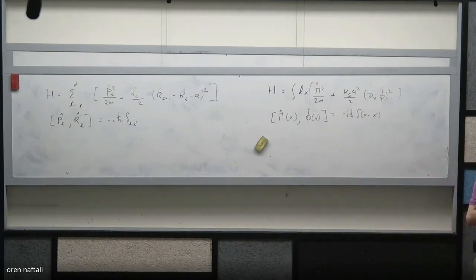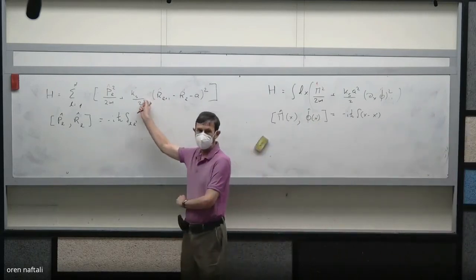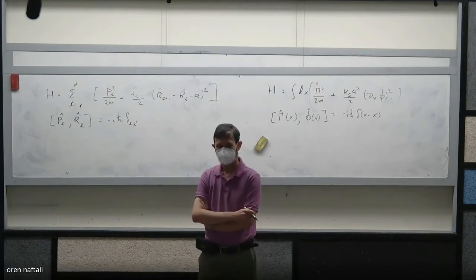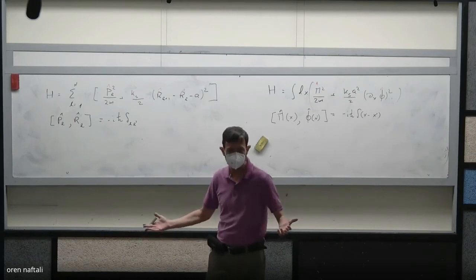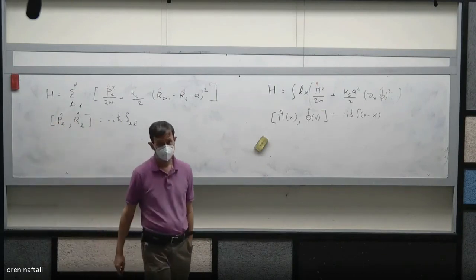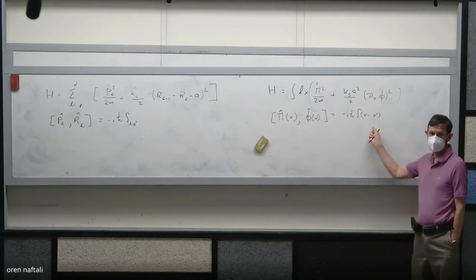Okay. So what do we do in classical physics usually? If I had here a Hamiltonian of a single particle, what would I find? I would find the eigenvectors and eigenvalues of H. Basically, the same here.